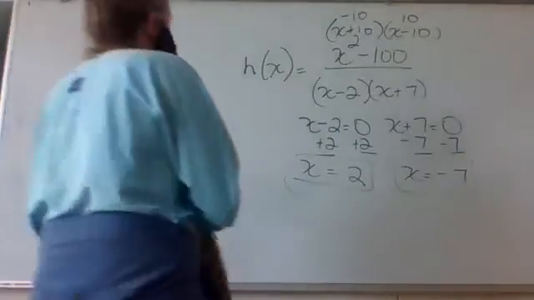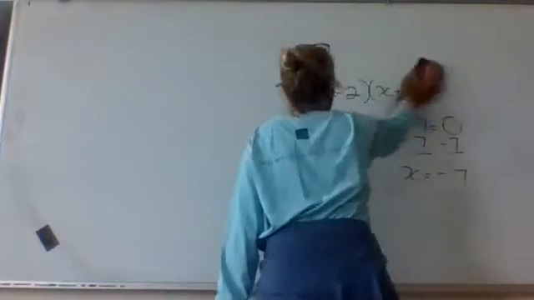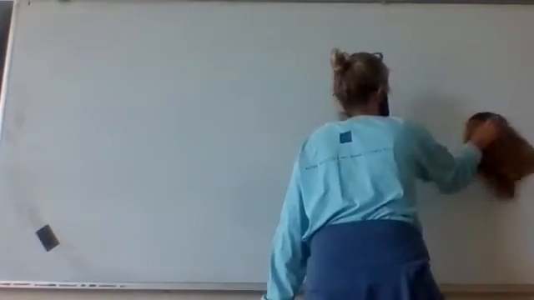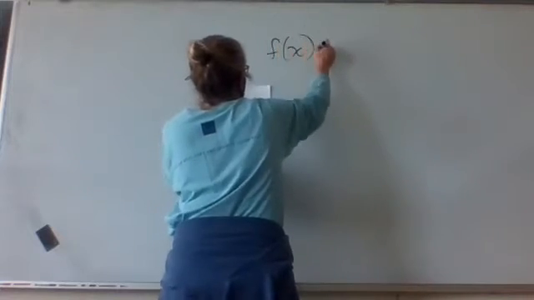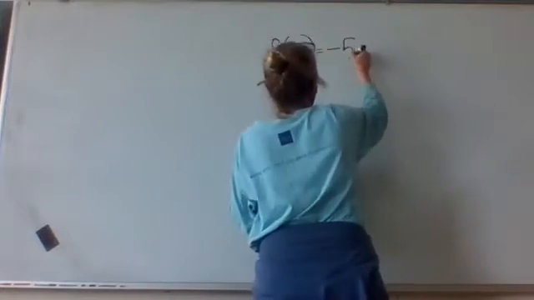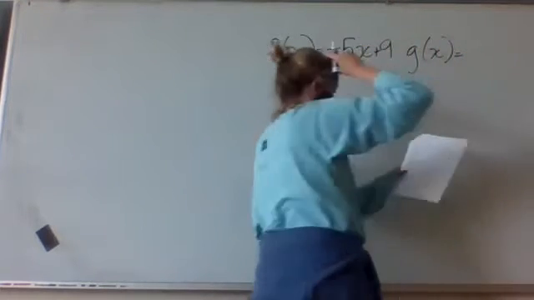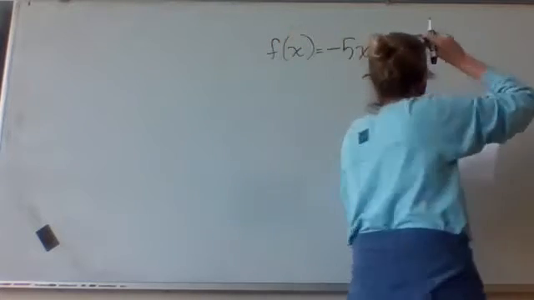Number 18. So f of x equals negative 5x plus 9. G of x equals negative 5x squared plus 9x minus 5.